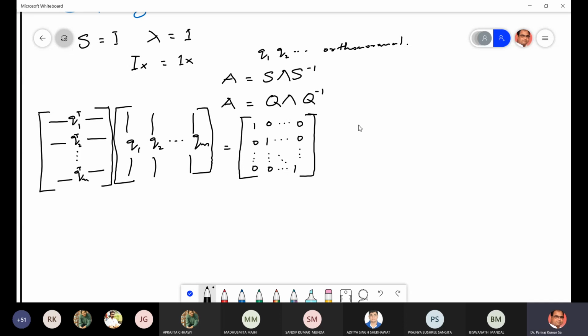So to say, I can also write it as qi transpose qj is equal to 1 whenever i is equal to j, and equal to 0 whenever i is not equal to j.